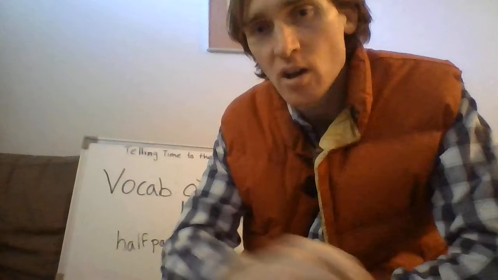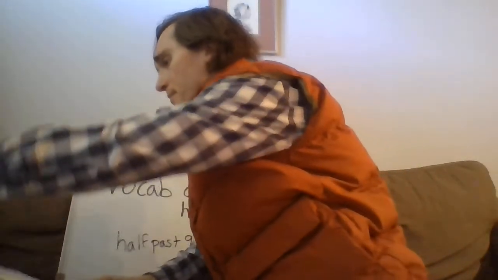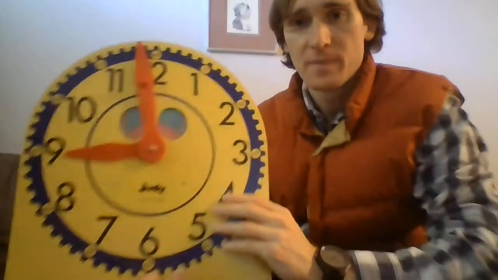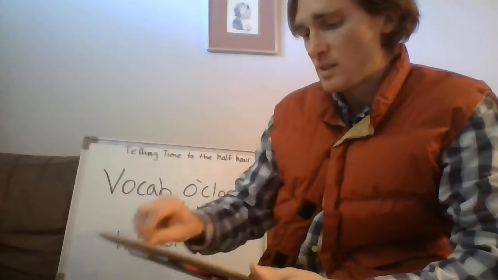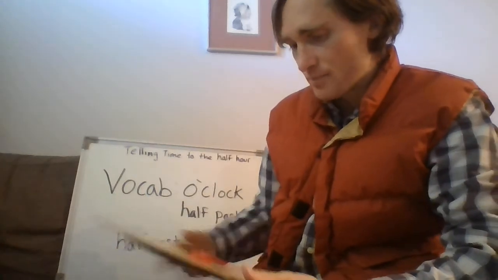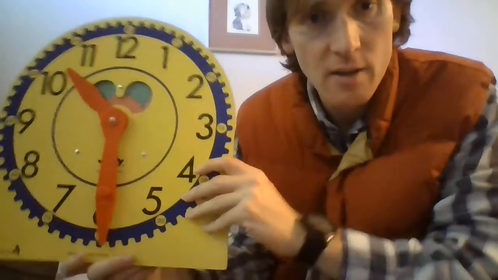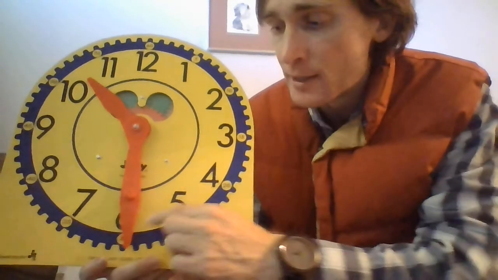I'm going to get my big clock set up. It is set up at 9. Remember, we're telling time to the half hour. When we tell time to the half hour, the minute hand is always going to be pointing at the 6.